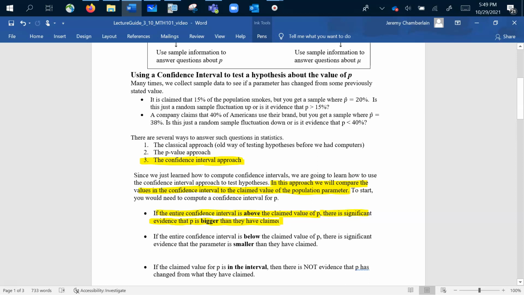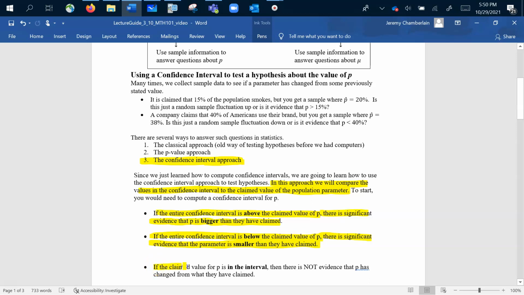If, on the other hand, the entire confidence interval is below the claimed value of p, there's significant evidence that the parameter is actually smaller than what is claimed.